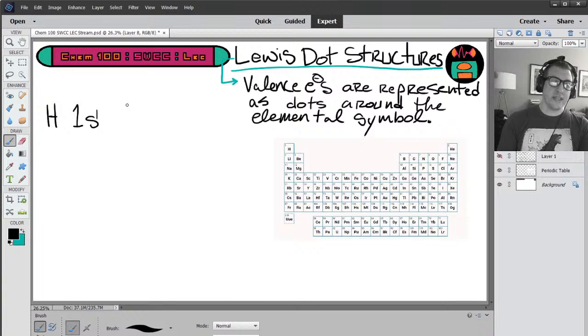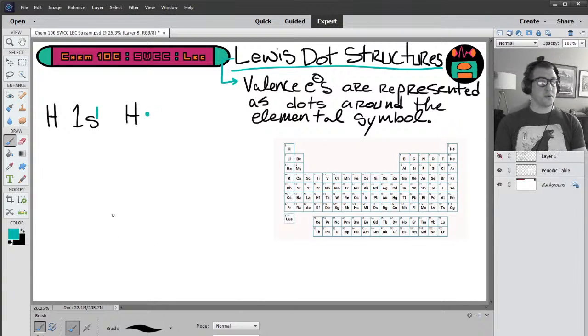So with hydrogen, the way you draw the Lewis dot structure is you look at how many valence electrons we have, just one, and you represent that as one dot.